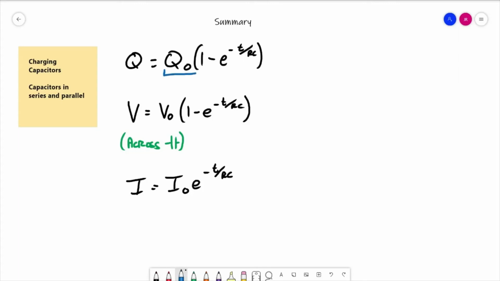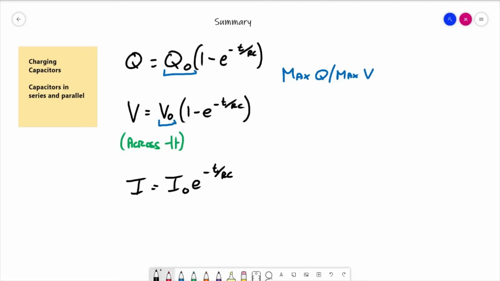Just remember that these Q0 and V0, at least from the context of what we're doing today, are going to be the max Q or the max potential difference to do with the capacitor, so the max charge stored on the capacitor or the maximum potential difference across the capacitor.